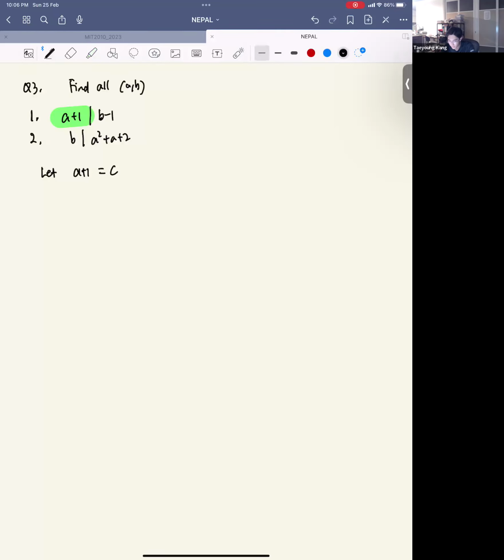So if we let A plus 1 equal C, then A squared plus A plus 2 is equal to A plus 1 times A plus 2, right? Which is C times C minus 1 plus 2, which is C squared minus C plus 2.